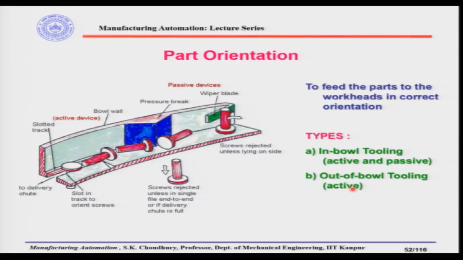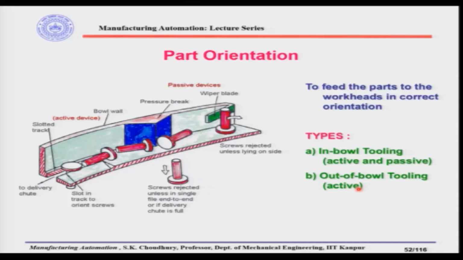So, within the feed track, the out of bowl toolings will be located, and therefore, there is no scope for the parts to be rejected, because it cannot go to the bowl, it is already outside the bowl. So, therefore, only the active orienting devices are used as out of bowl tooling, which will be located once again outside the bowl.